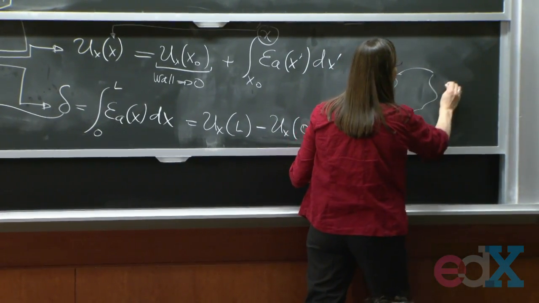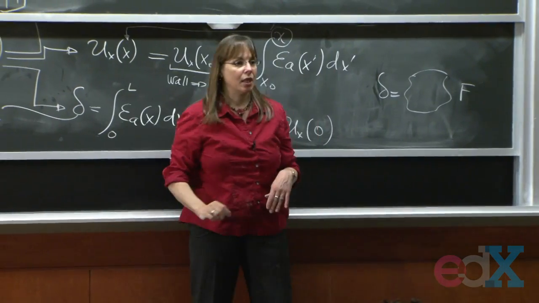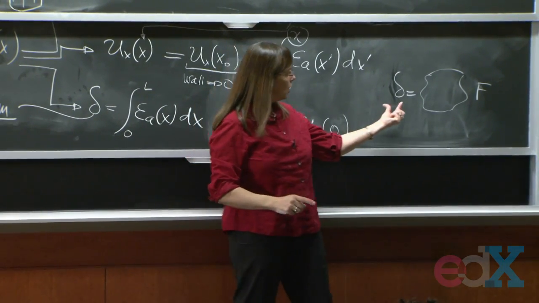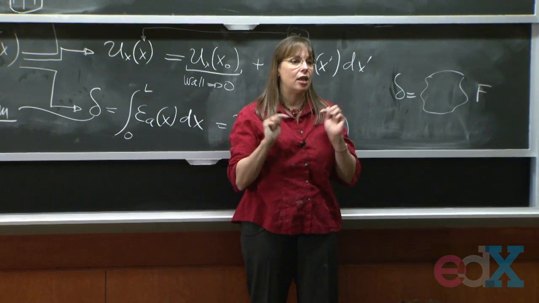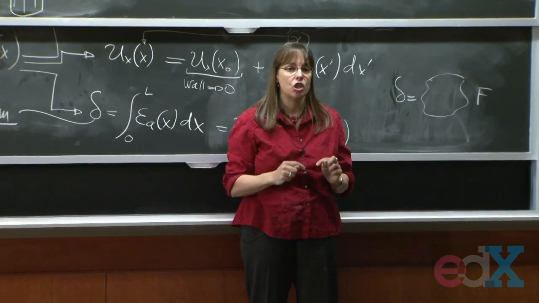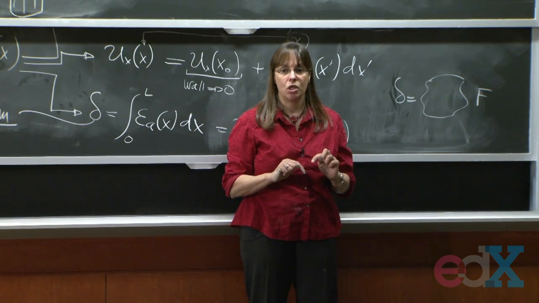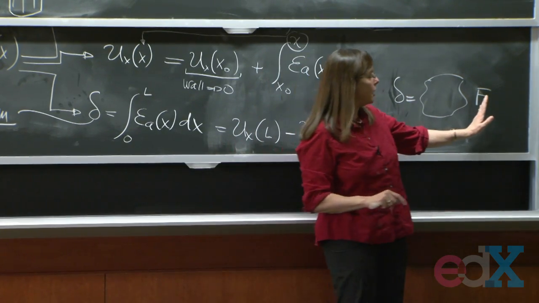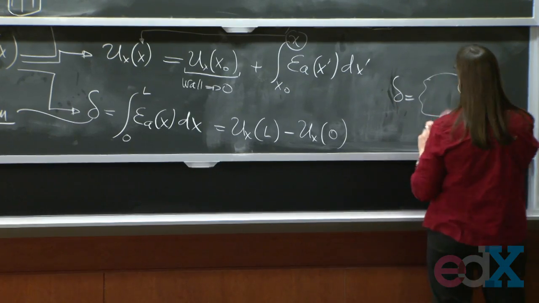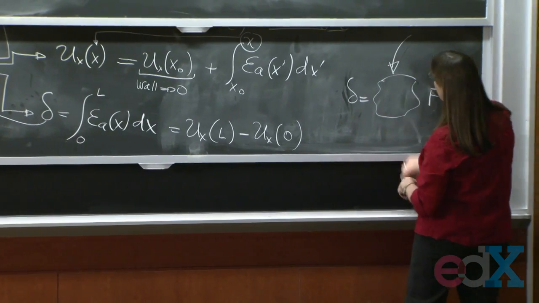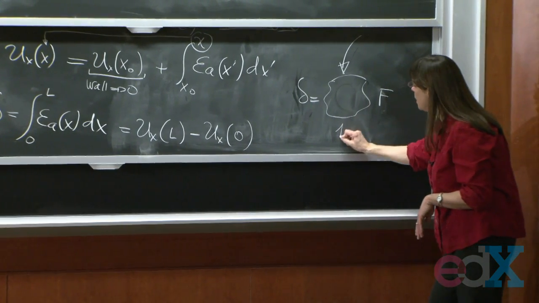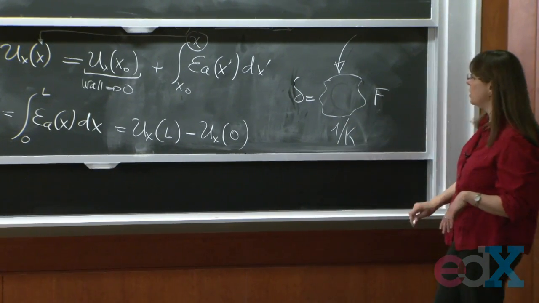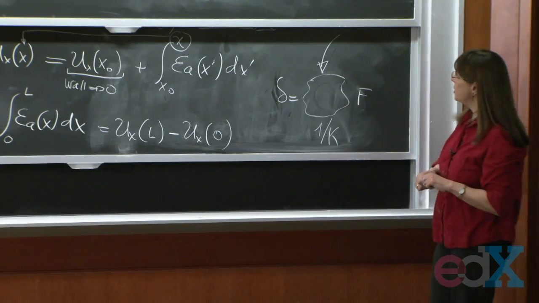At the end, you're going to have delta equal to some stuff times f. And I already know that delta and f are going to be related linearly because all our relations are linear. So delta is always going to be related linearly to the force that you apply. And actually, this factor has to do with the stiffness of the bar. This one here is 1 over k, 1 over the stiffness of the bar for end loads.